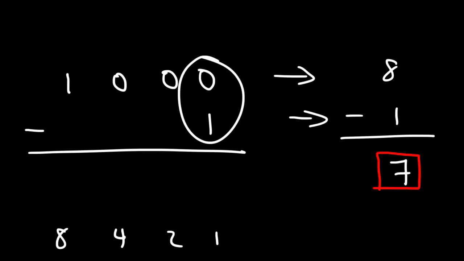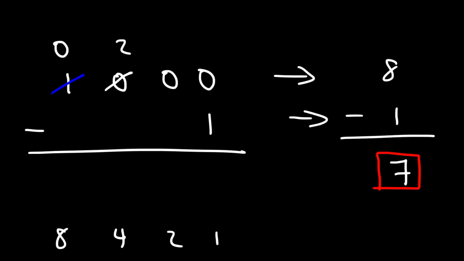Now we can't do 0 minus 1. So going to the far left, let's take away a 1, making this a 0, and this will become a 2. Now we need something here, so let's borrow a 1 from the 2, making that a 1, and this will change into a 2. Then we need to borrow a 1 again, making this a 1, and this a 2.